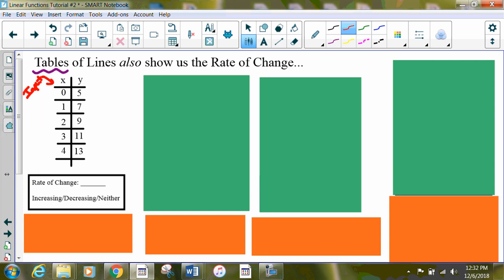That means we can put anything in for x, but our answer is the output, which is the y part of the table, right? So we can see that our input is going by ones. We're going down 0, 1, 2, 3, 4. Well, that's boring. But our output is doing something totally different.